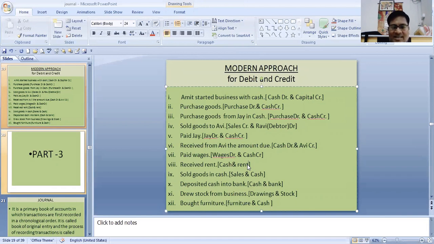Sold goods in cash. Sales is an income. That's why it will be credited, and cash is coming in the business. That's why debit. Deposited cash into bank. Cash is debited and bank is credited.